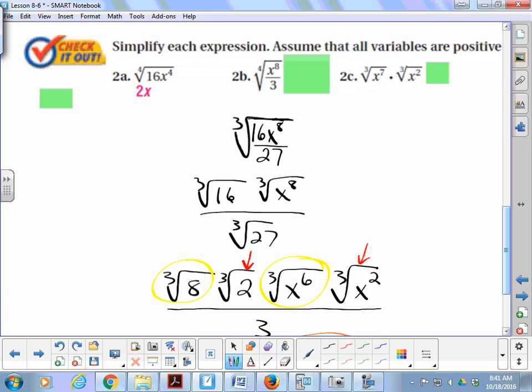Okay. On letter C, you actually have to do the multiplication first. Okay? Because this is the cube root of x to the 9th. Right? X to the 7th times x squared is x to the 9th. Since these are both cube roots, I can multiply what's under the index together.